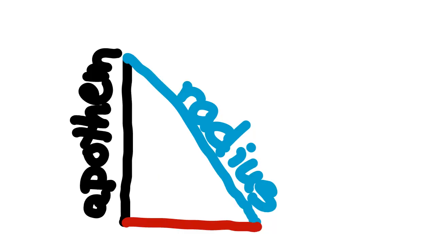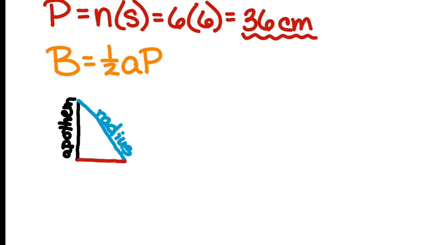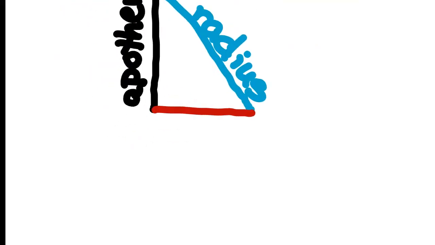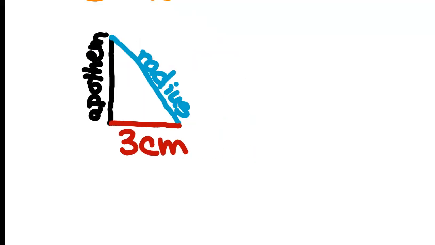The red is part of the side of that hexagon. It's not the whole side. The apothem does what to that side? Cuts it in half. We said that side was 6, so how big would half of that be? 3. So this would be 3 centimeters right here.